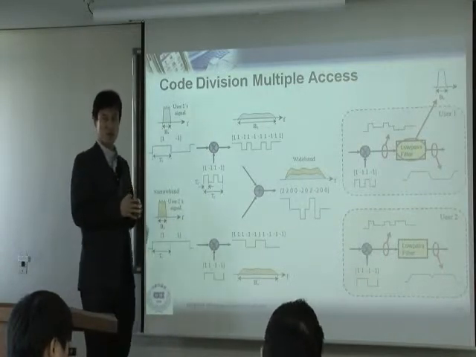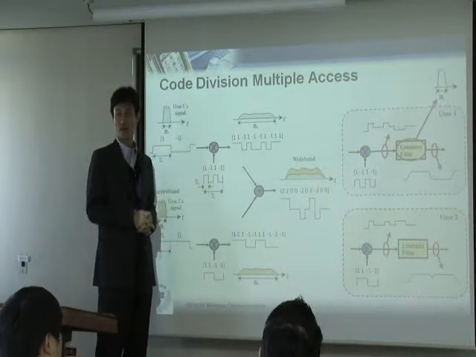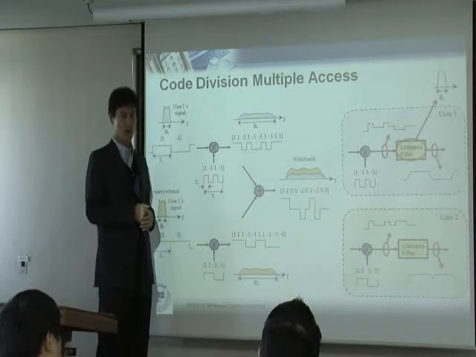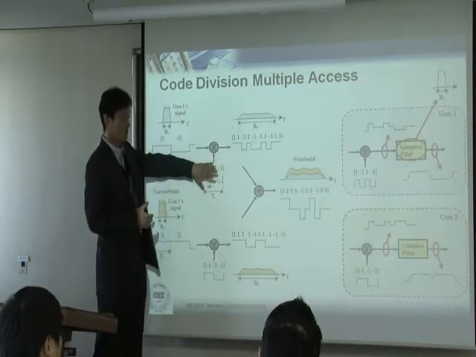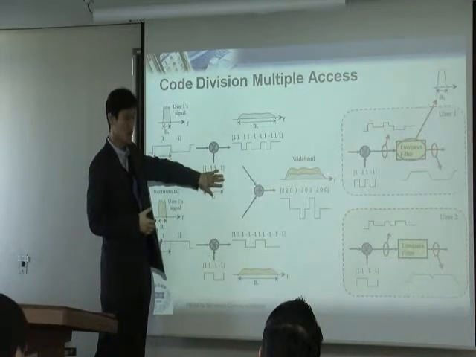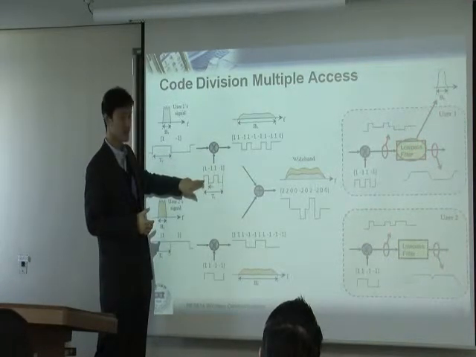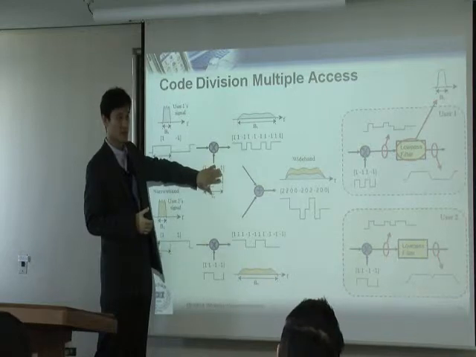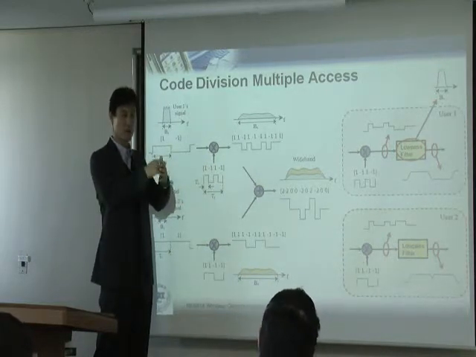What is the definition of orthogonality? Mathematically, the official definition is that you multiply your own code, let's say this is C times C, and that becomes 1.